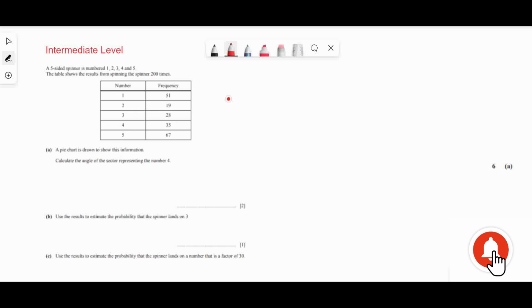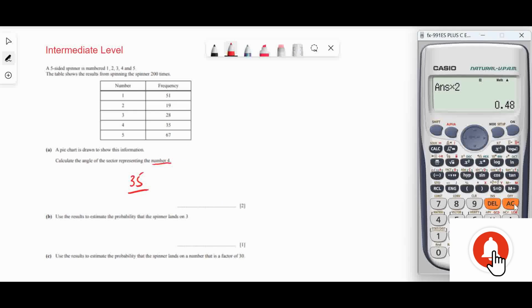So for the angle, we have to find it for the number 4. For number 4, that is 35 divided by the total. Now what about the total? We can add it using the calculator, 51 plus 19 and so on.